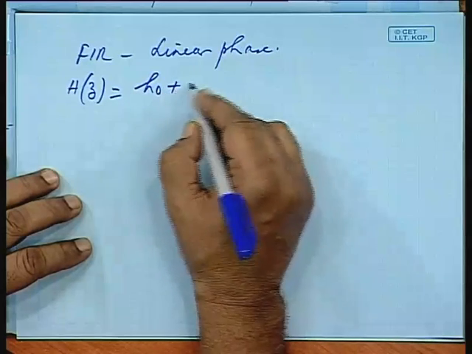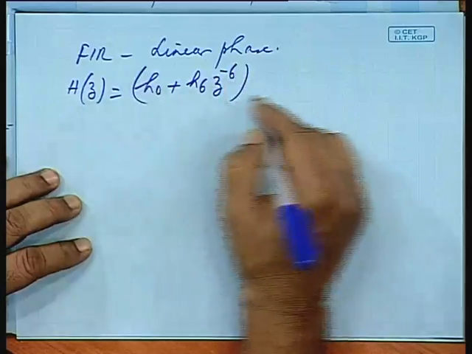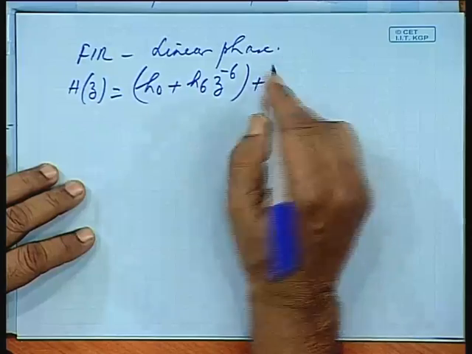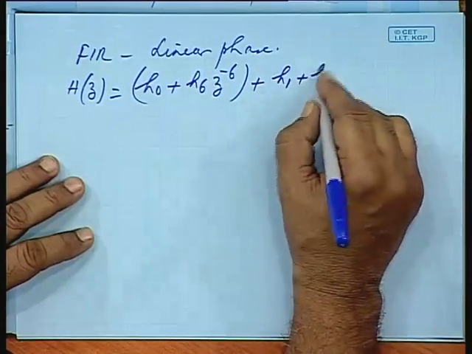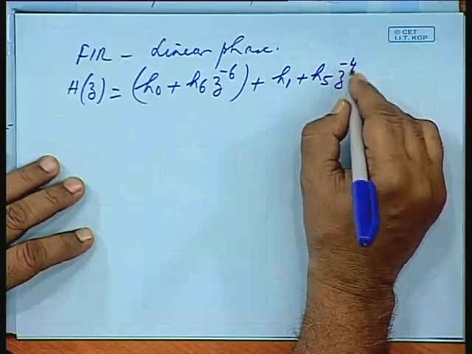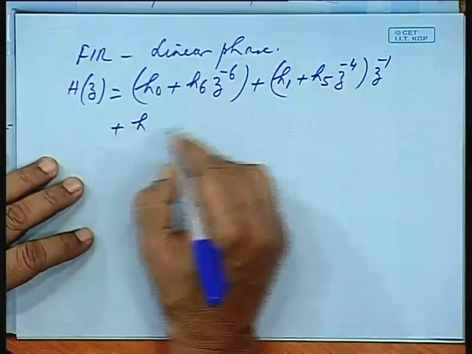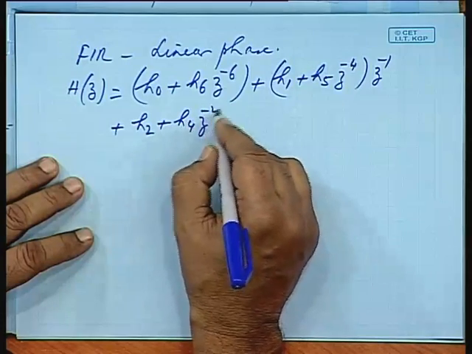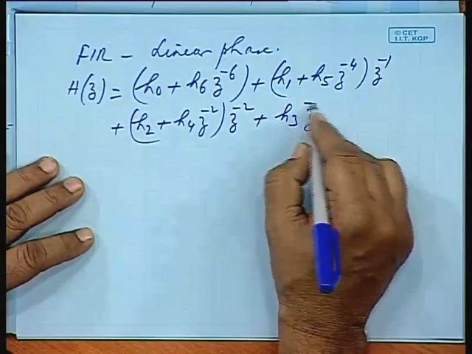Suppose we have H0 plus H6 z to the power minus 6. I have coupled a 7 element linear filter, I have coupled the terms H1 plus H5 z to the power minus 4 into z to the power minus 1 plus H2 plus H4 z to the power minus 2 into z to the power minus 2 plus H3 z to the power minus 3.